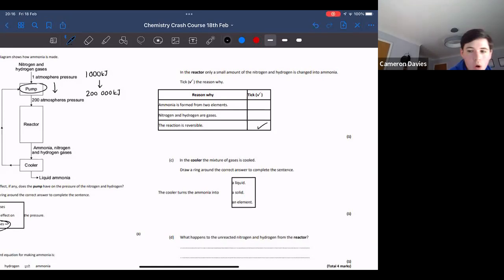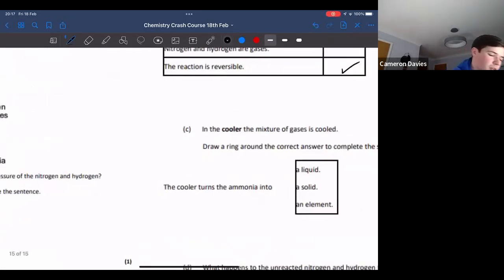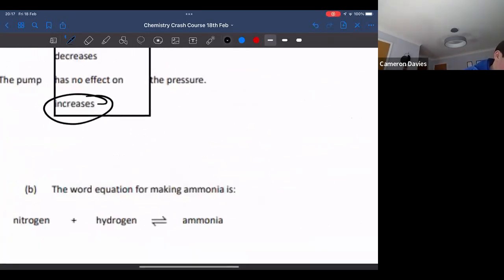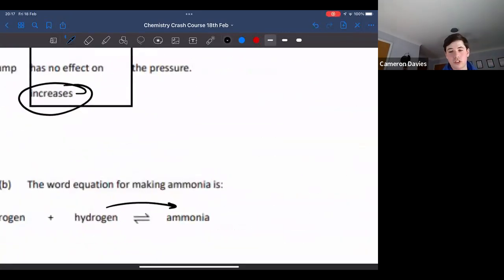If you don't understand what a reversible reaction is, that's okay. Essentially, we are using nitrogen and hydrogen to make ammonia. With a reversible reaction, similarly, the ammonia can be used to make nitrogen and hydrogen.